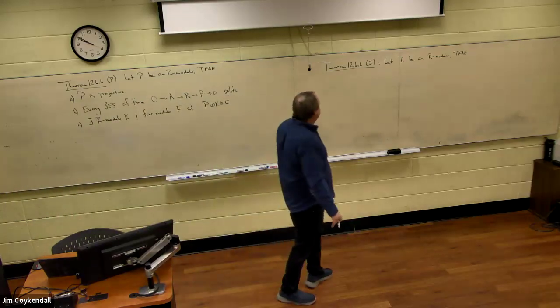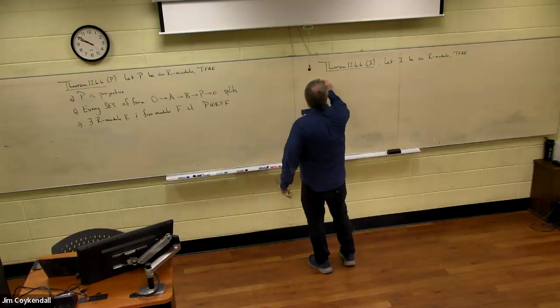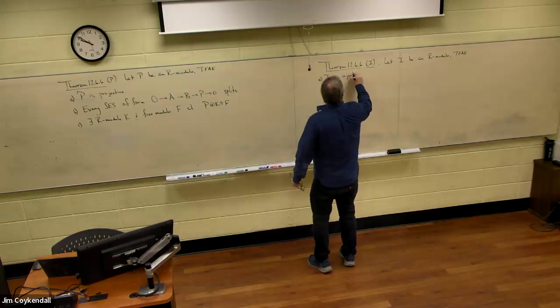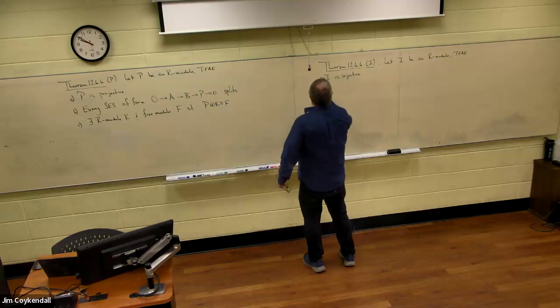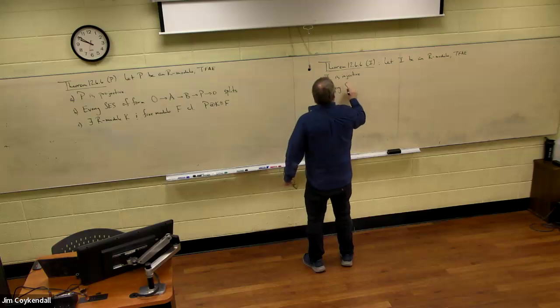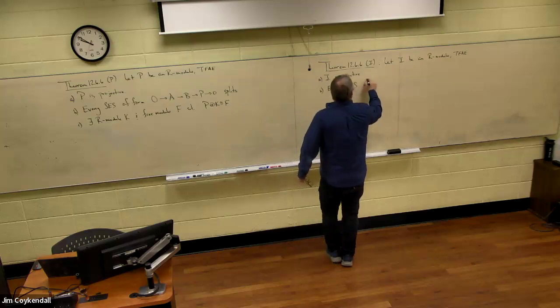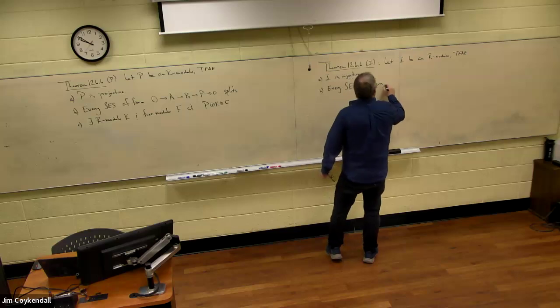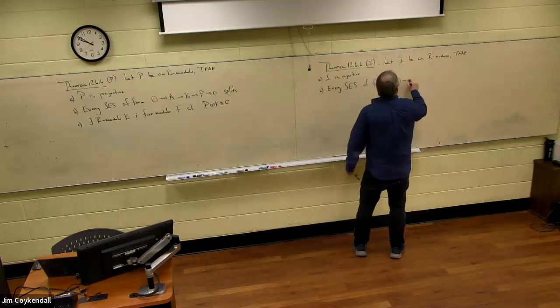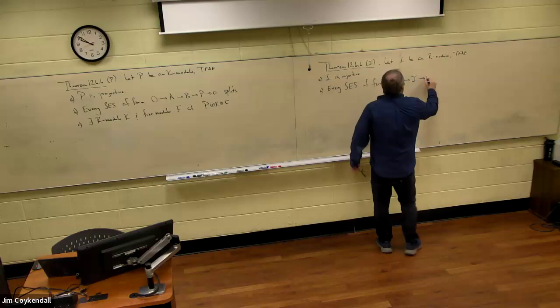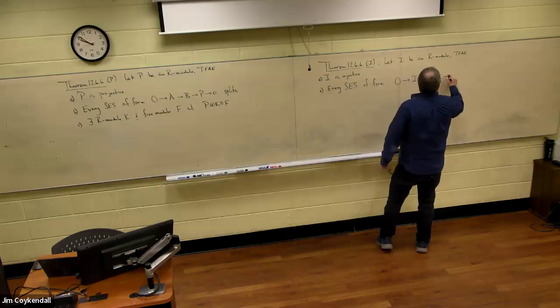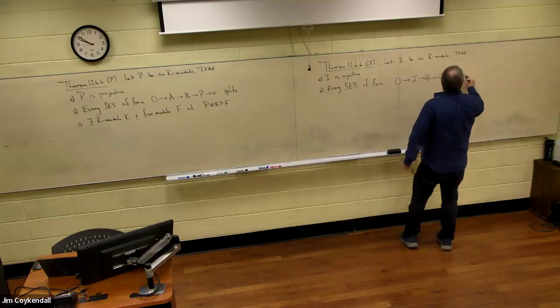There's a dual notion here. A, I is injective. B, every short exact sequence of the form 0, I, B, C, 0 splits.